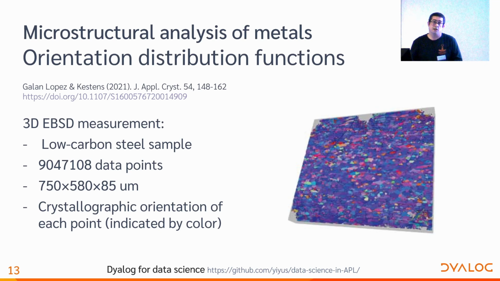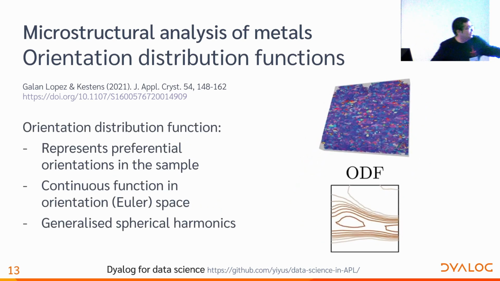and we get the orientation for each of these points, the crystallographic orientation. It doesn't matter what that is, but it's represented by the color in this graph, okay? And then we calculate the distribution function of those orientations, something called an orientation distribution function. This function would have some peaks where you have the blue colors, for example, okay?